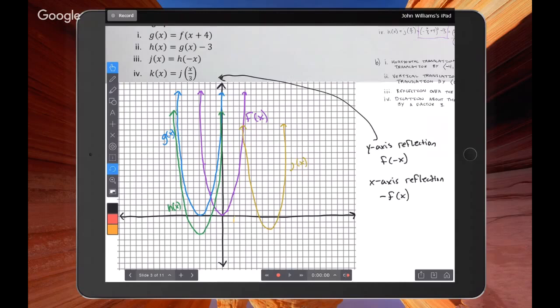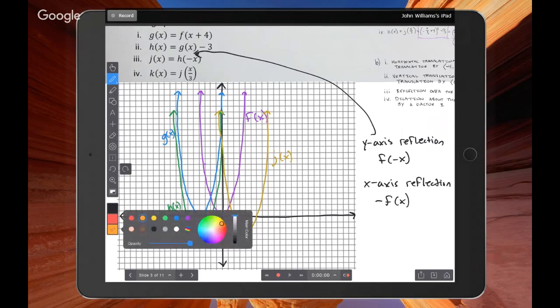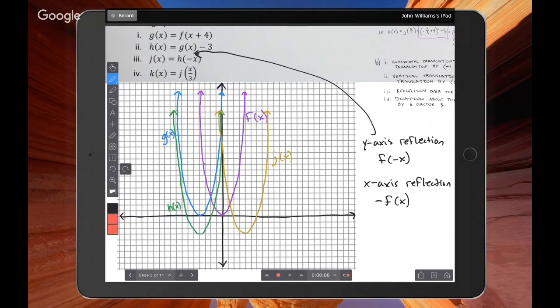Great. I need to dilate by a factor of 3. So every single point needs to get 3 times further from the y-axis than it used to be. So this vertex, which used to be at 4, negative 3, is now going to be at 12, negative 3. So I'm going to go out 4, 5, 6, 7, 8, 9, 10, 11, 12. There it is, 3 times as far away.